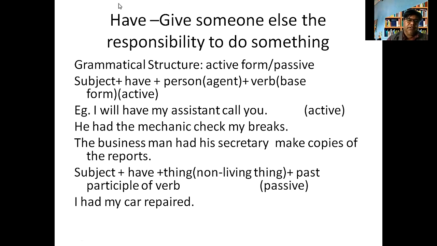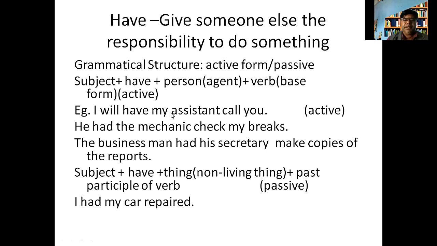Grammatical structure has two forms, active and passive. In the active form, the subject plus the causative verb have, then the person, let's say the agent, the doer, is followed by the verb. But remember that it must be the base form of the verb.